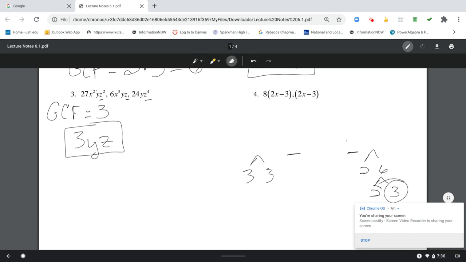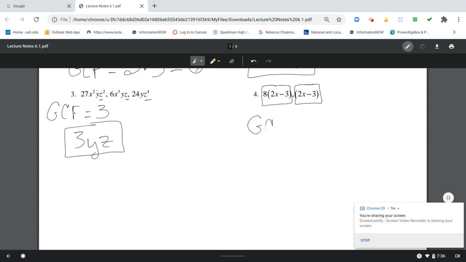4 is a little bit different, and this kind of leads us into our discussion that we'll have in a few minutes about greatest common factoring. Now, this is considered a term, and this is considered a term. If you have groups like that, those groups are considered a term. So you're multiplying 8 times the group, and that's okay.